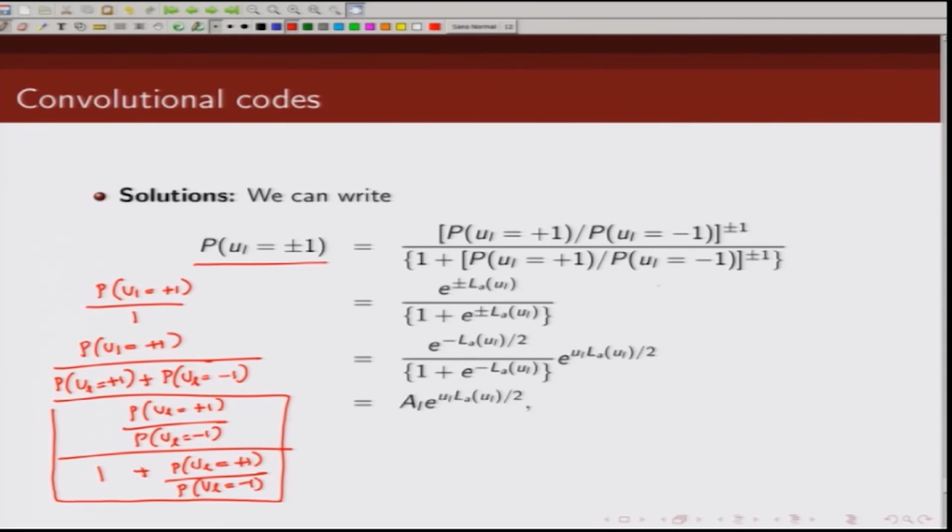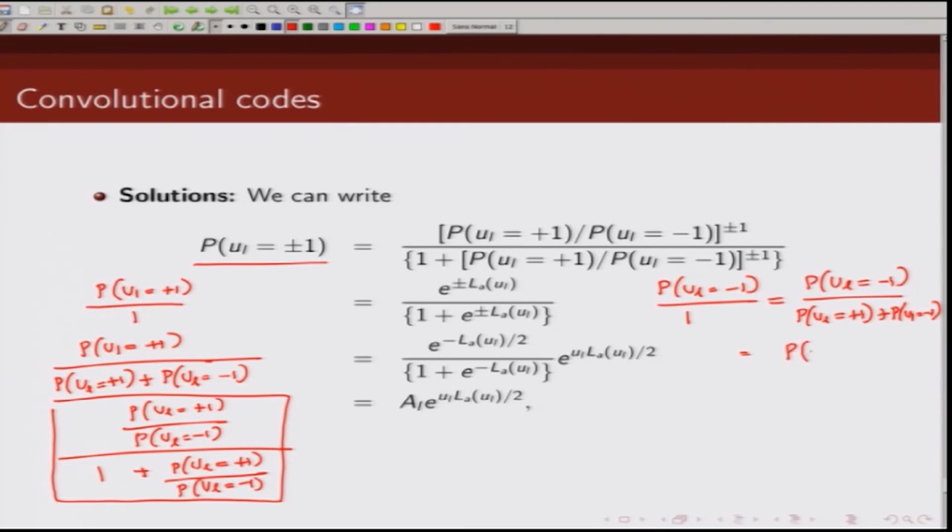Now let us look at what is the probability that UL is -1. Again I can follow the same procedure. I can write this as this by 1, or I can write the probability of UL equal to -1 divided by probability of UL being +1 plus probability of UL being -1, and I can divide this by probability of UL being +1.